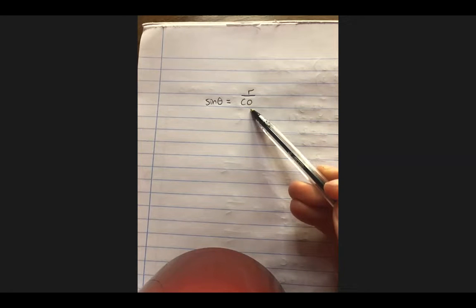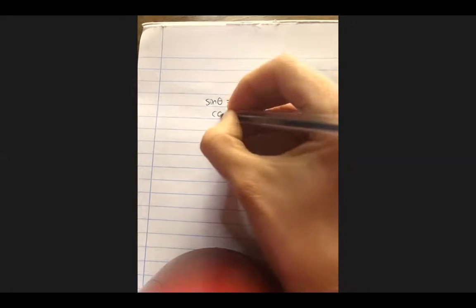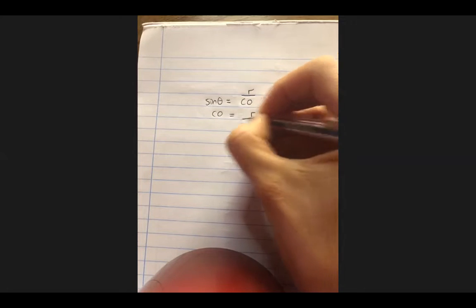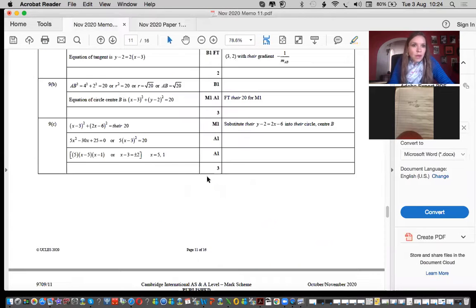You've seen before that if you want to get CO alone, you times it there and you divide the sine there. So you can just swap the two. So it's just going to become this, using simple trig ratios. But then remember they want CD. So half the battle is already won. You've got CO. Just remember, OD is just another R, radii. So I'm just going to plus R to my answer.